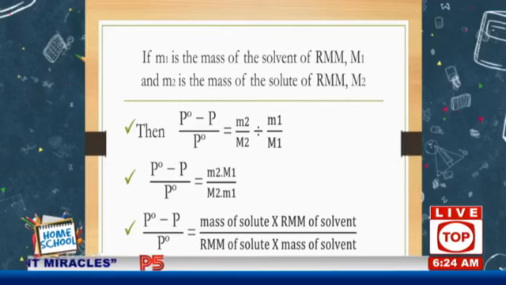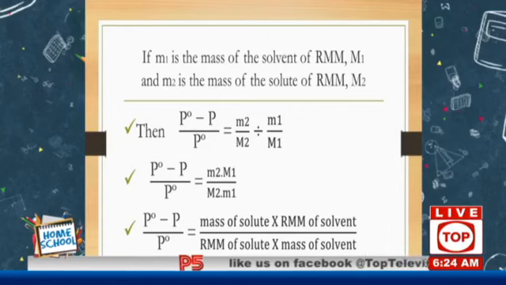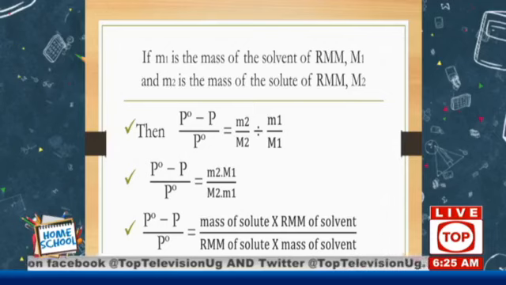So here we say now P naught minus P divided by P naught we shall be able to get small m2 over capital M2 divided by small m1 over capital M1.